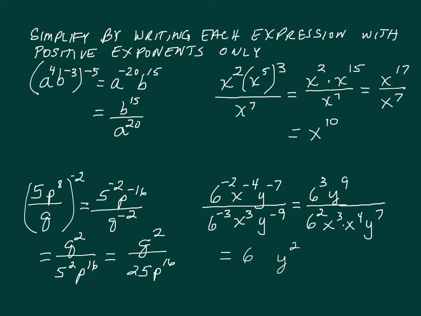And I'm going to move it closer because we're not going to have any x's in the top. Y squared at the top. And at the bottom, we have x to the third times x to the fourth, which is x to the seventh. Take a minute, process it, find another problem similar to that, and work it.